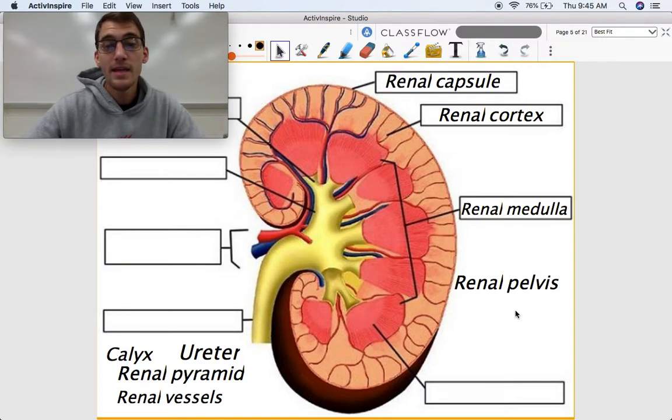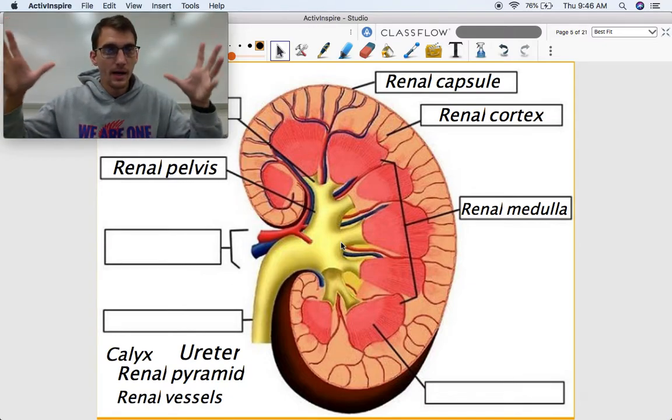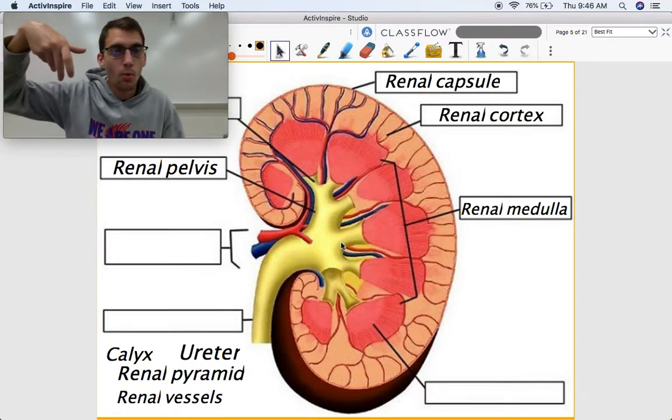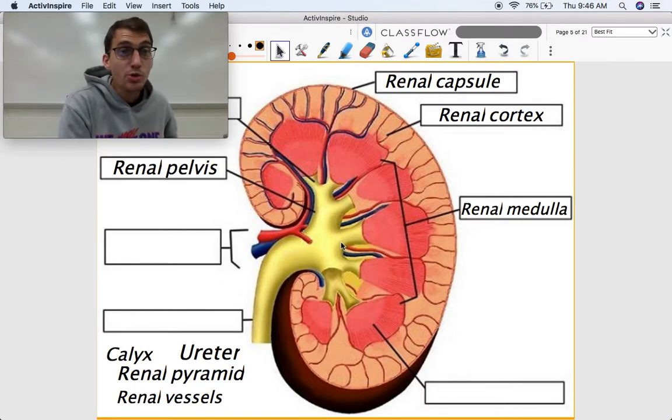Okay. And then the innermost part of the kidney here is called the renal pelvis, and that's actually labeled over here. So this white-looking thing is called the renal pelvis. As you might be able to tell, it kind of looks like a tree a little bit, but what the renal pelvis is, is a big funnel. Like a funnel that you use when you're pouring one thing into another, which collects it and streamlines it a little bit.